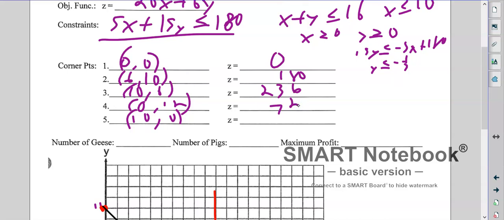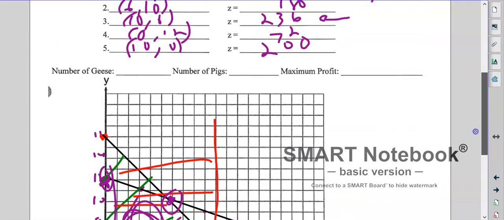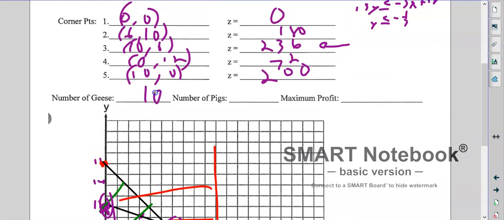And 10 times 20 is 200. And that zeroes out the y. So close, 236 and 200, but my winner is (10, 6). 10 geese, 6 pigs, maximum profit of $236. And that's it.